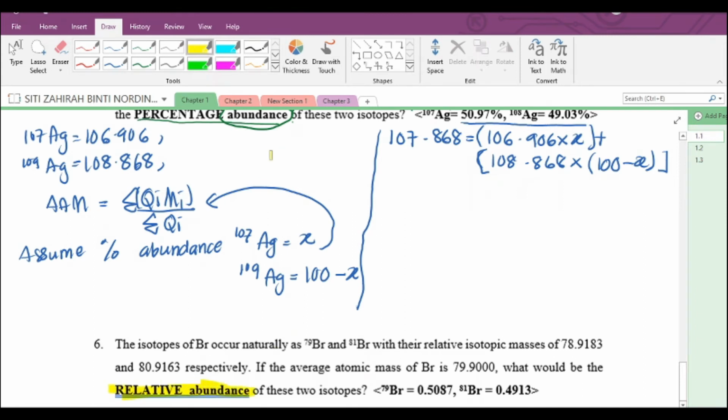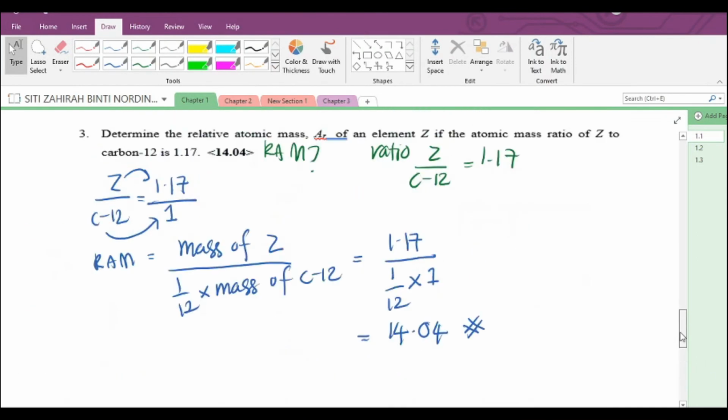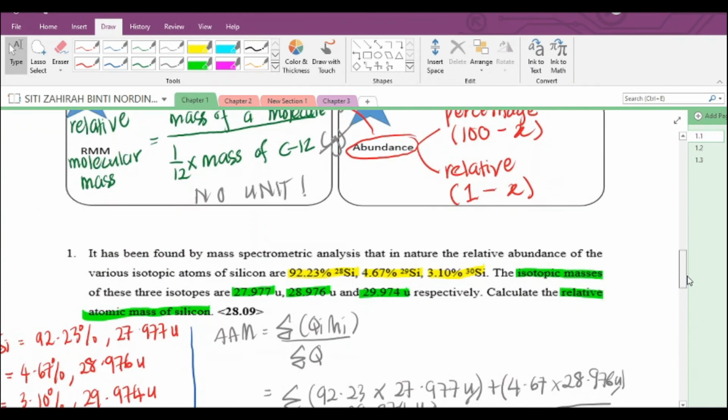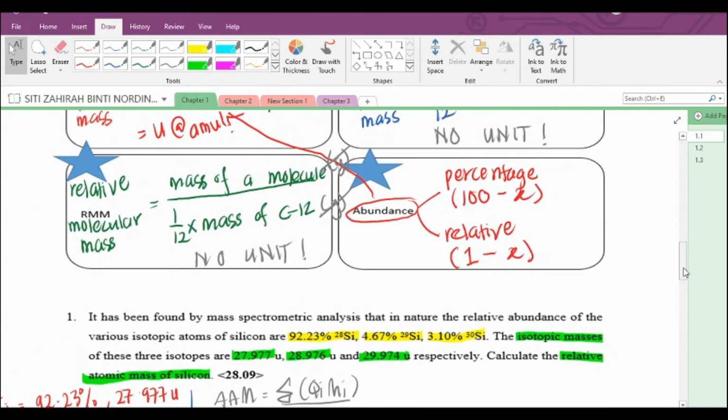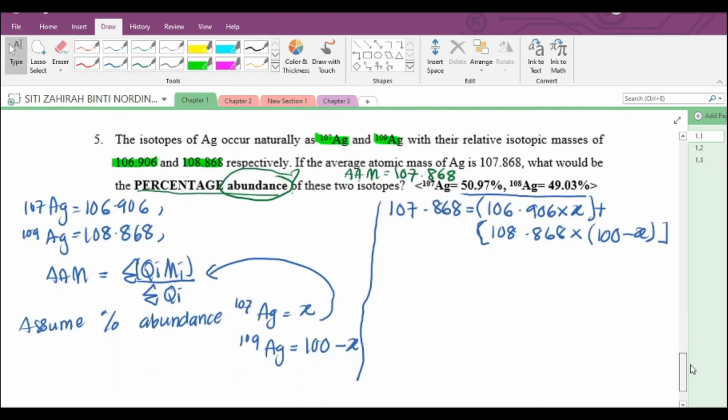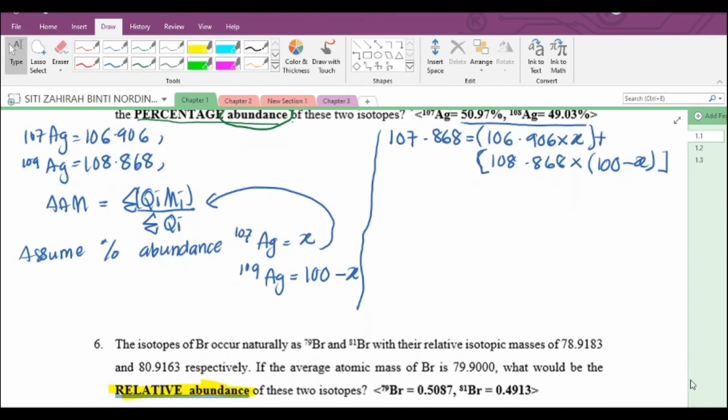So what you need to change is, remember in the formula, for relative abundance, your second isotope abundance must be 1 minus x. I'm just going to write it here because I don't have any space below.